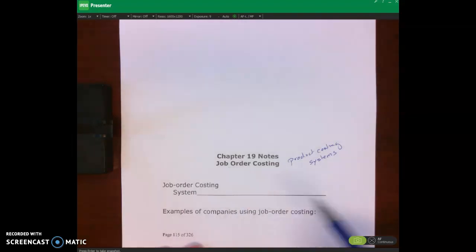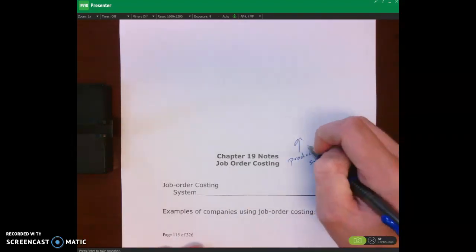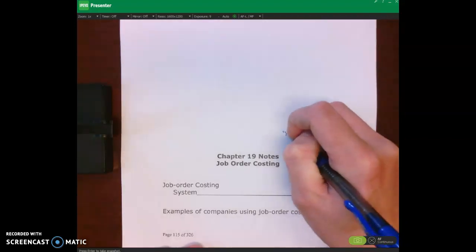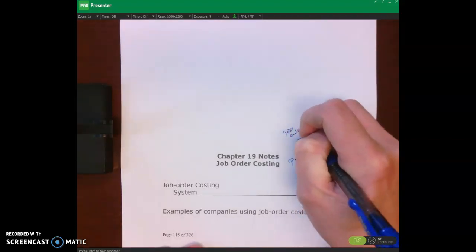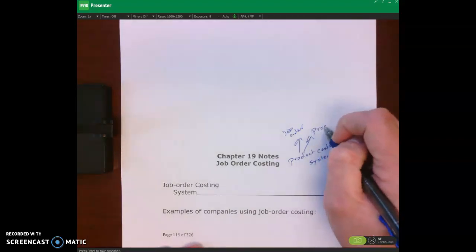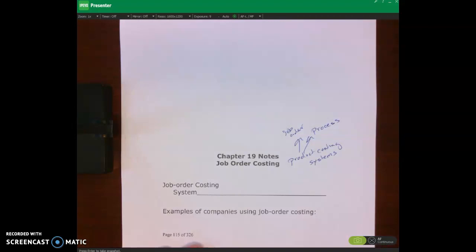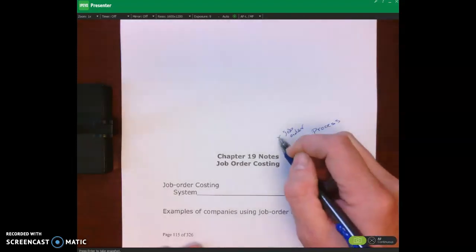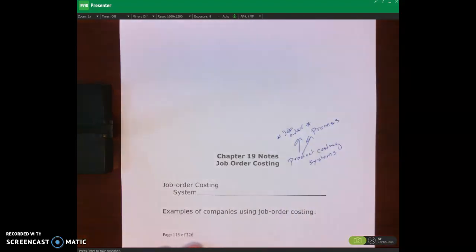As I was saying earlier, there are two types of product costing systems. There's job order, which we'll talk about in this chapter, and then there's process costing that we'll talk about in the next chapter. So let's talk a little bit more about job order costing.